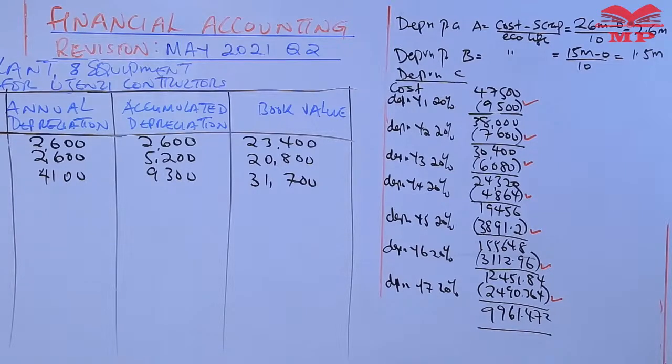At the end of the fourth year, candidates, we have accumulated depreciation for three machines.